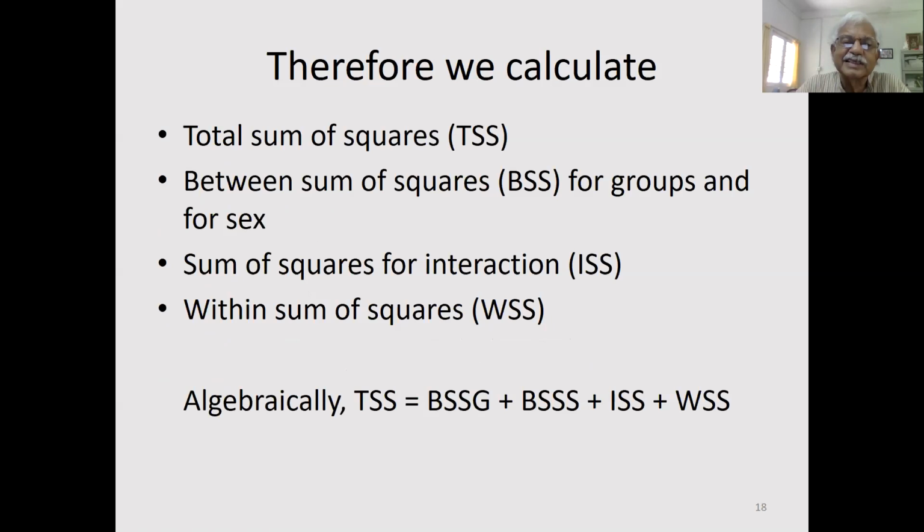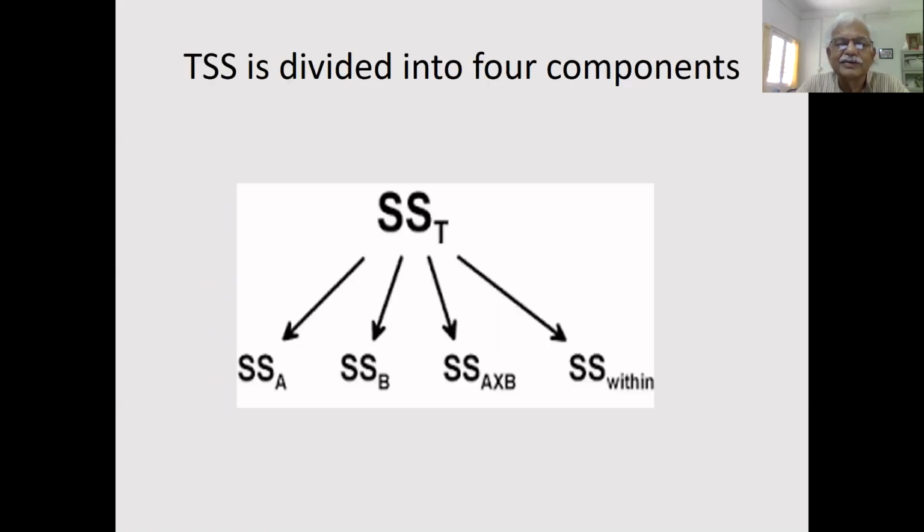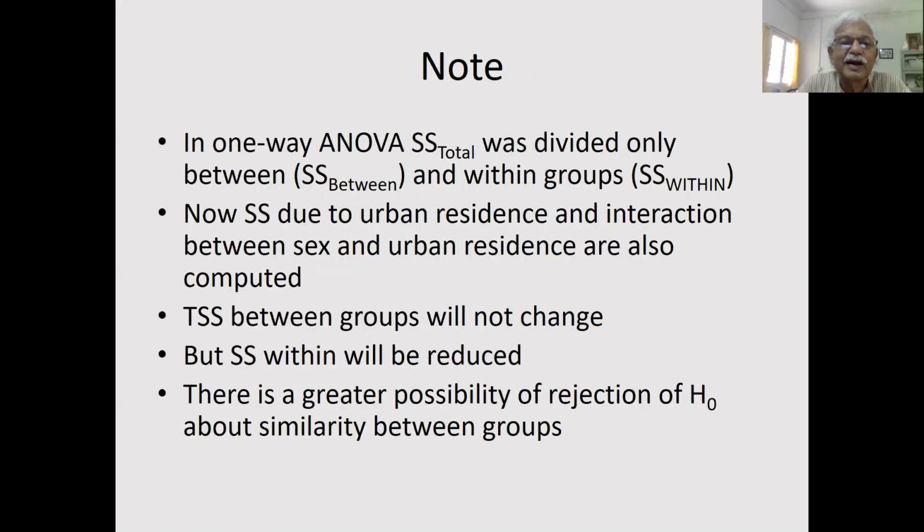Method of calculation same: total sum of square, between sum of square, interaction sum of square, within sum of square. So sum of square total is divided into 4 parts. In one-way ANOVA, sum of square total was divided only into between and within. Now sum of square due to urban residents and interaction between sex and urban residents are also computed.